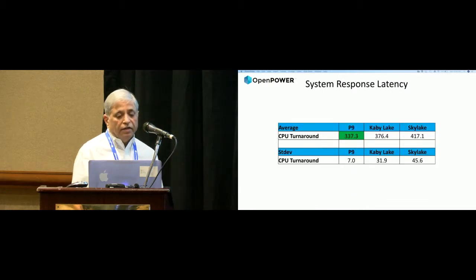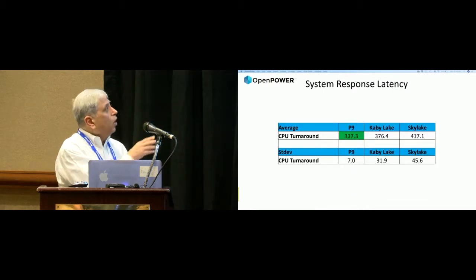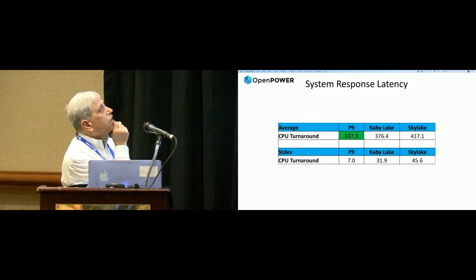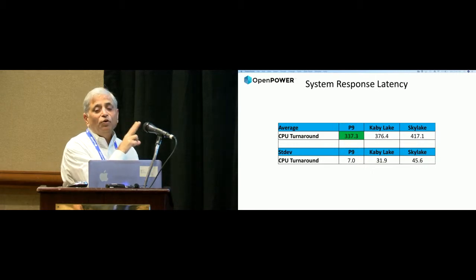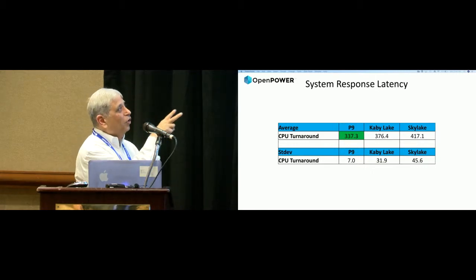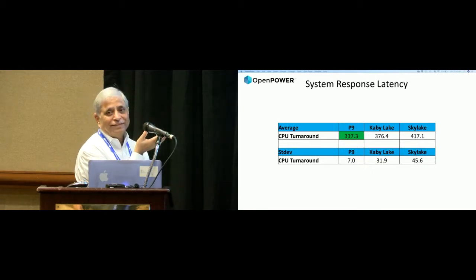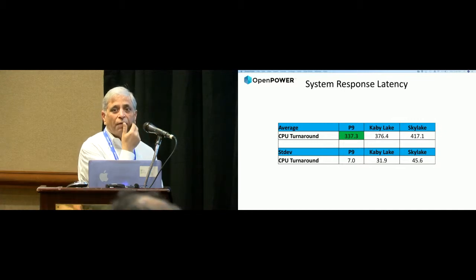When we did the numbers comparison on Power 9, we saw that our transfer CPU turnaround time is like 337.3 nanoseconds. I want you to focus on two ways. First of all, it is better than the best on x86 from Kaby Lake.